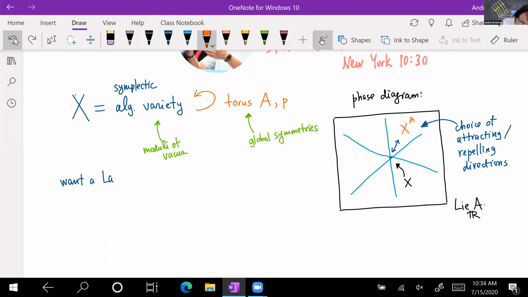And then if I want to now extend it one step further, well, obviously X3 sits inside X4, just by inclusion, right?